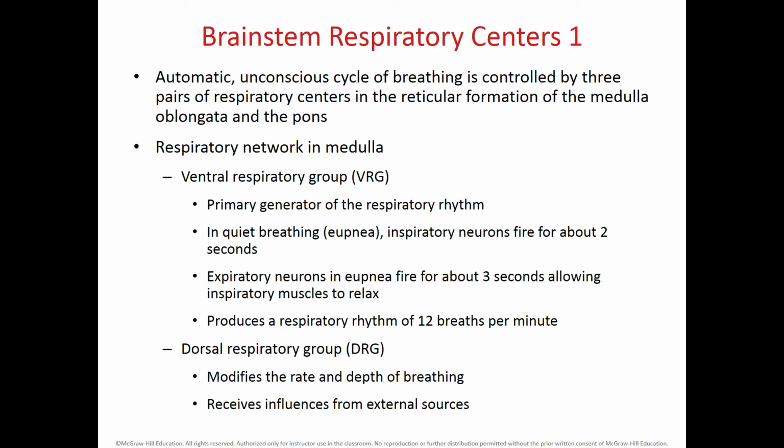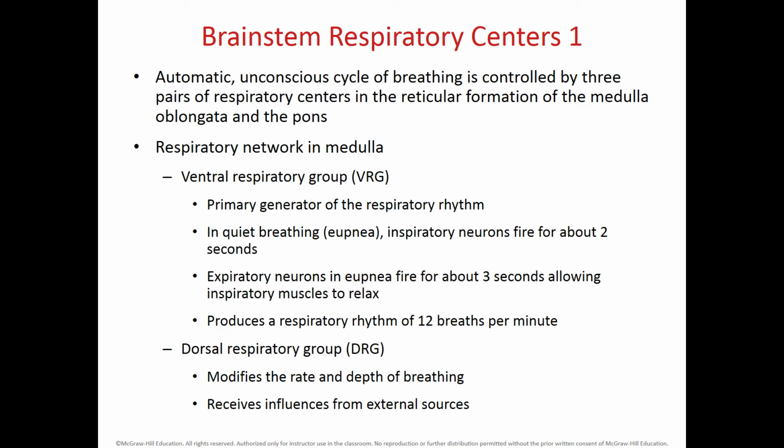And during expiration, on rest or eupnea, you'll fire action potentials every 3 seconds. So your inspiratory muscles will relax. So you will have 5 seconds for the total cycle for inspiration and expiration. And you will have a respiratory rhythm of 12 breaths per minute.